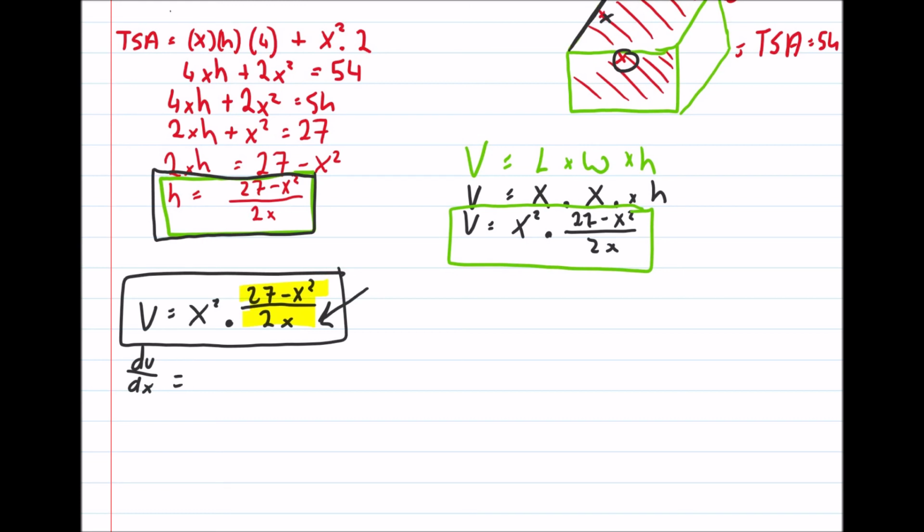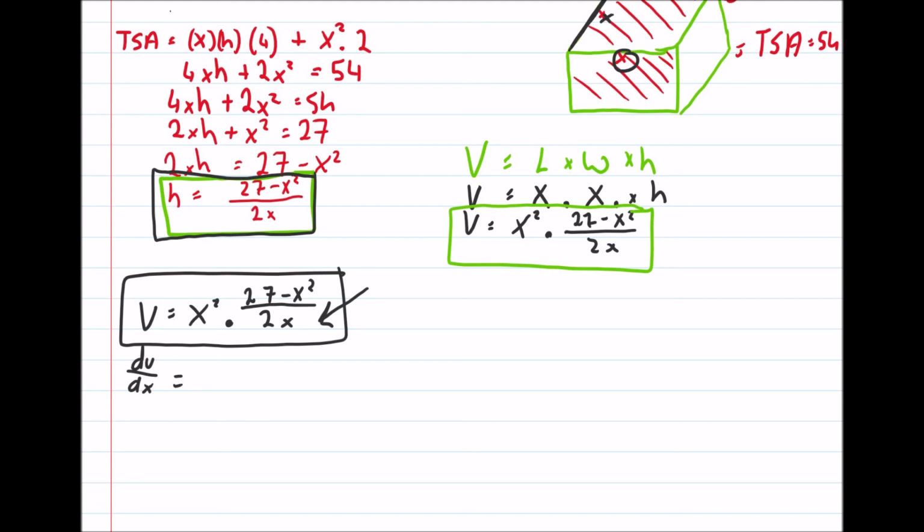So it's going to be really messy. So I'm just going to have a look at it first to see if there's any way I can simplify this. If I can simplify it a bit, then I won't have to use quotient rule and product rule all mashed in together. Alright, so let's see.